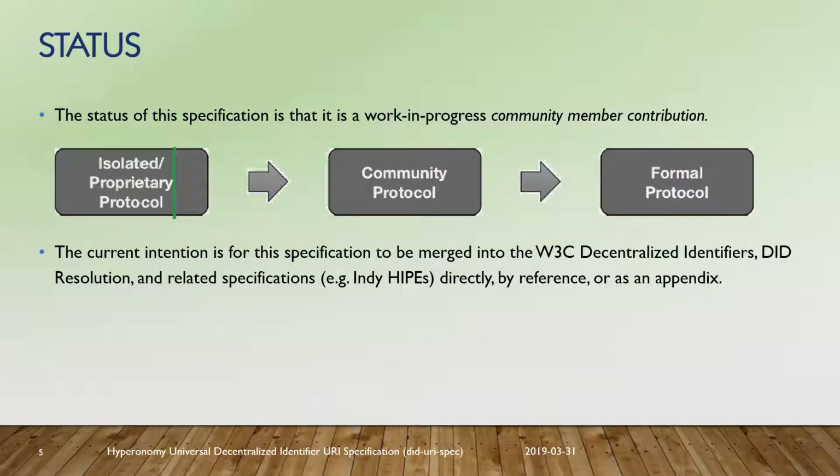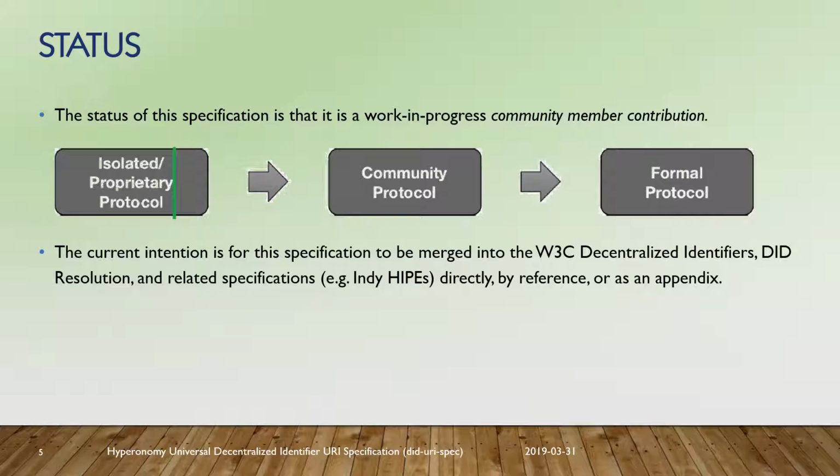The status of this specification, this is a work in progress community member contribution. So this is a frequently used diagram when it comes to describing the specification process or the way that the community-based approach to developing protocols works. So the current status or state of this specification is it's over on the left, figuratively that green bar.